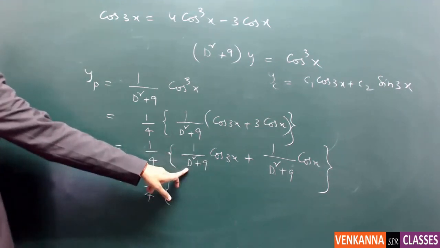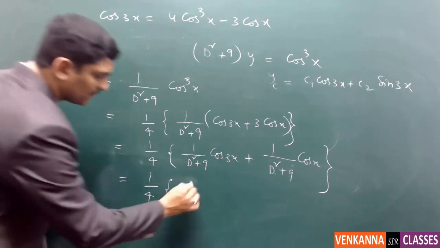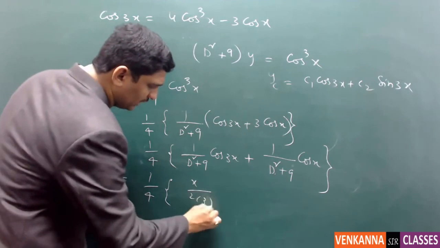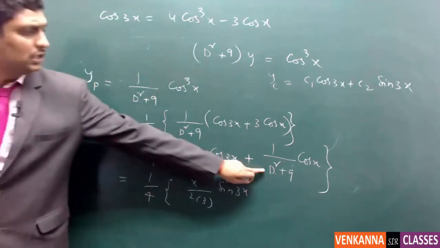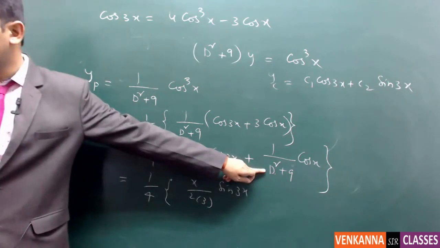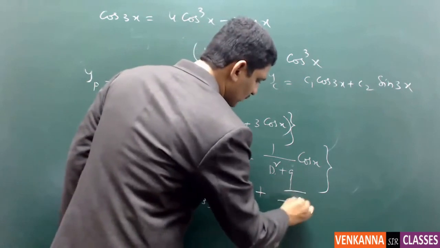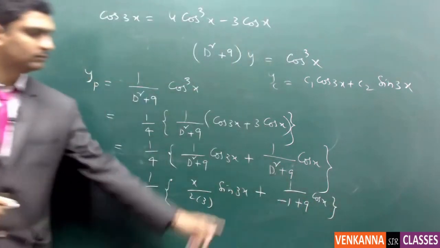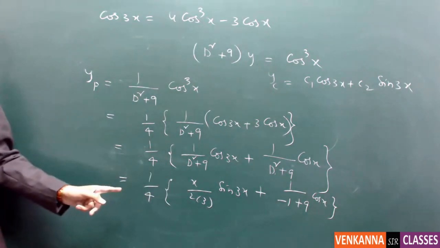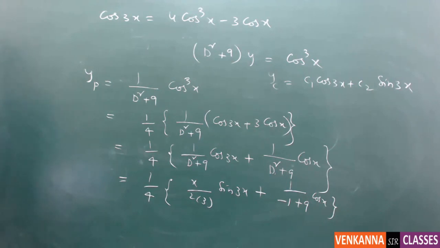So you are going to apply the formula there. So by applying the formula, you will have x by 2 into 3 sin 3x. Here you can replace D square with minus 1 square. The value will exist. So 1 by (minus 1 plus 9) into cos x. So this is the yp value. You can simplify it, no problem. And the general solution is y is equal to yc plus yp. Okay.